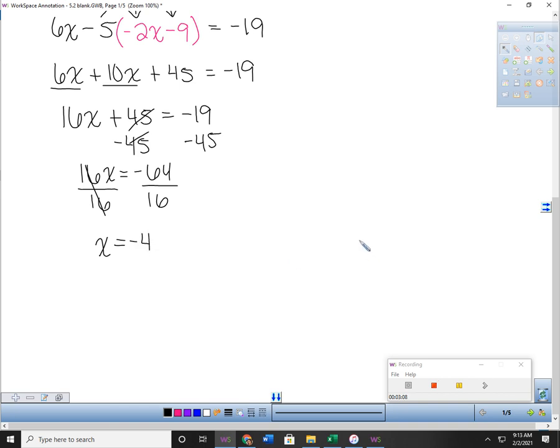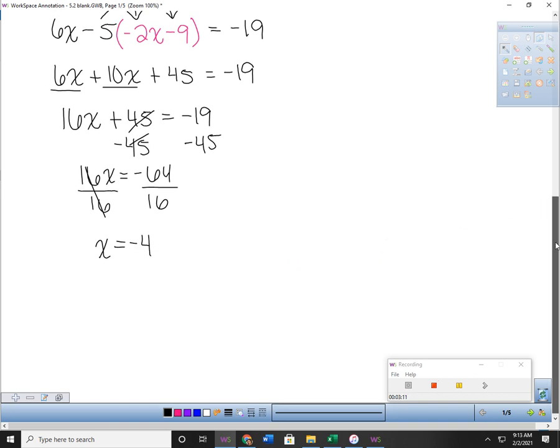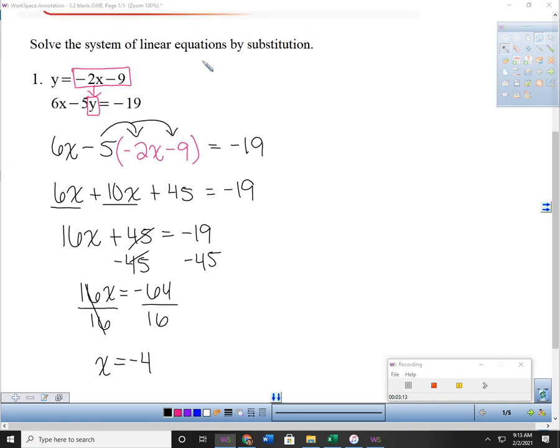So I know that my point, remember when you solve a system, you get a point in return, right? So I know that the x value of my point is negative 4. Now I'm just missing the y value. The easiest way to get that is to take my x value and plug it up here in one of these. It doesn't matter which one, but I would think it would be easier to put it in the first one because y is already by itself, right?